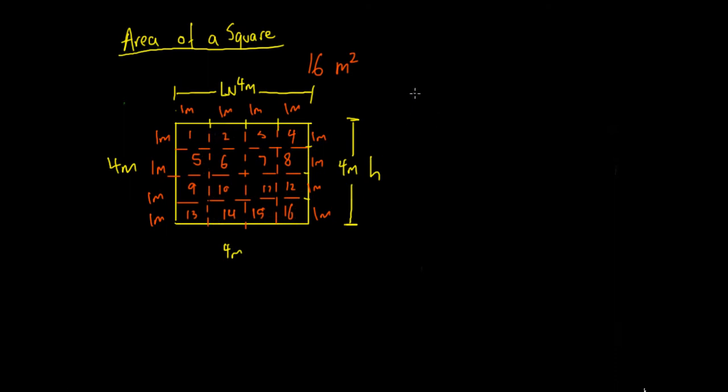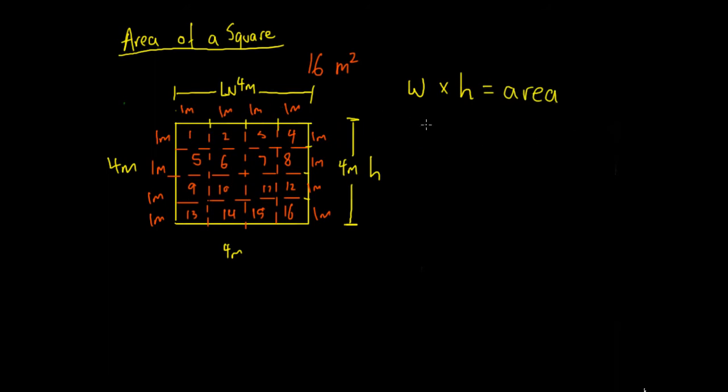But there is a way to work that out, and we have this idea that if it's 4 meters wide and 4 meters high, then the area is going to be our width times by the height. And you should be able to see that here. The width of each of these little squares times by the height is going to give us our area.